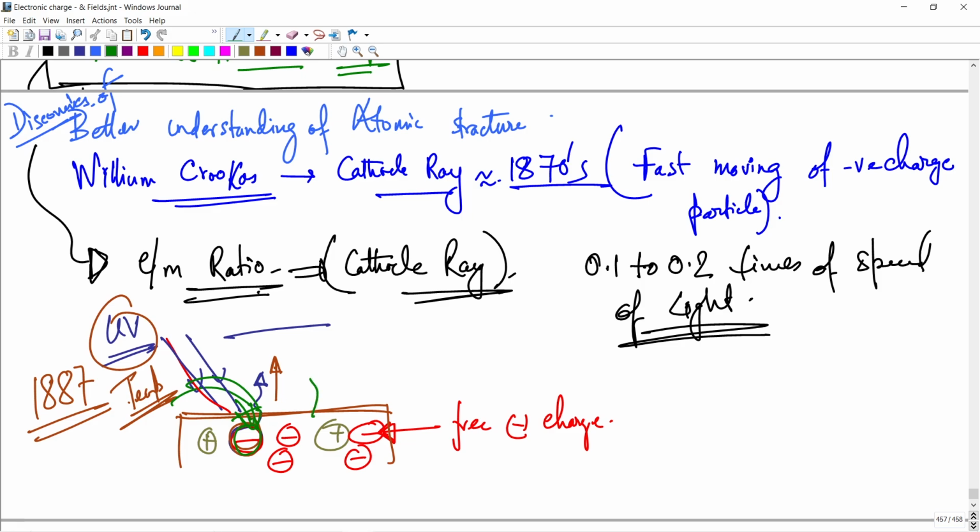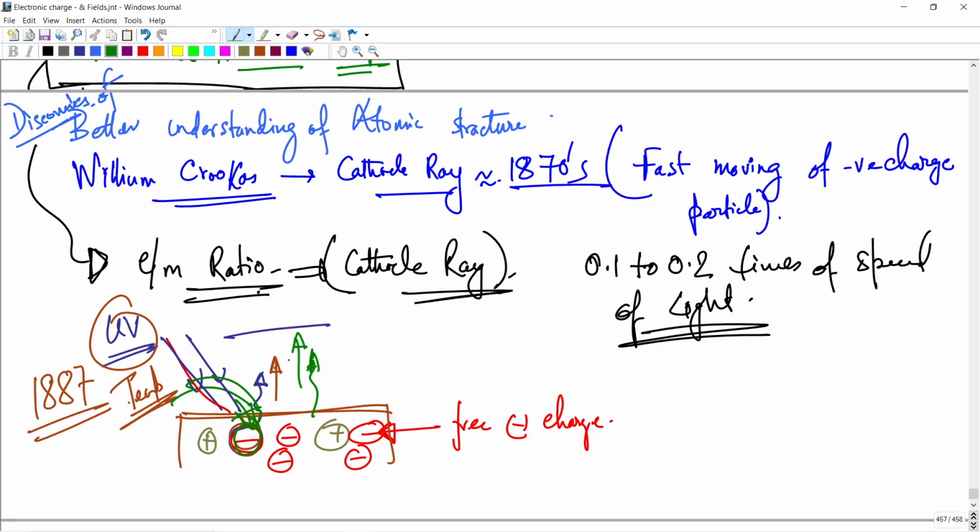So temperature is also an important factor. When the free charge moves, we get some current.